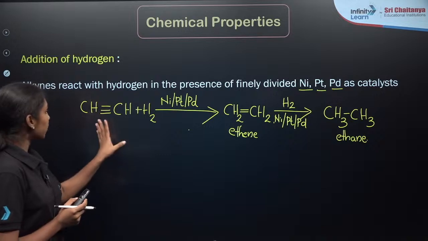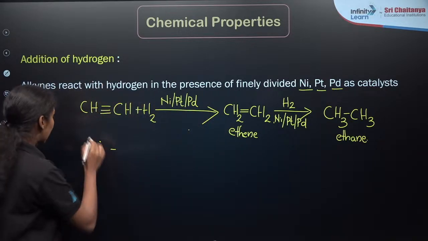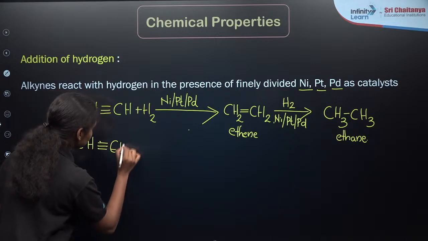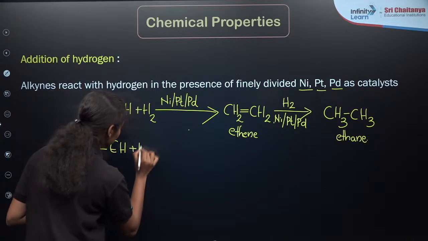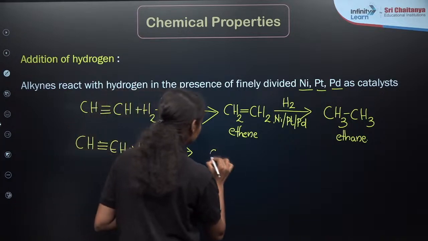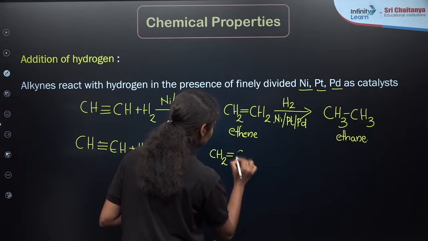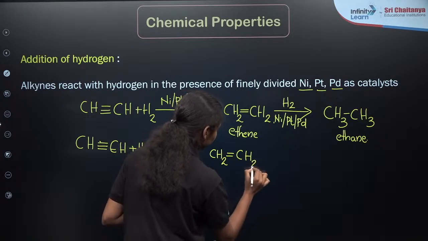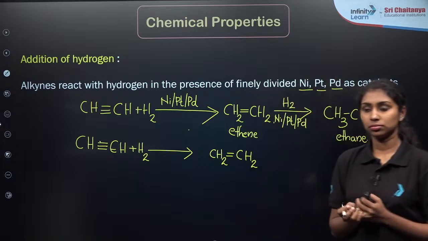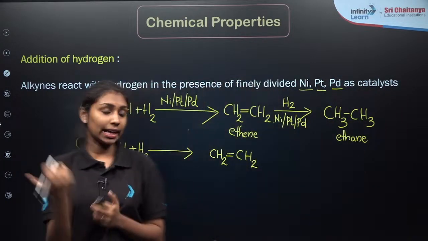I need to stop this reaction at alkenes only, going from alkynes to alkenes by adding hydrogen. We can just change the catalyst here, right?